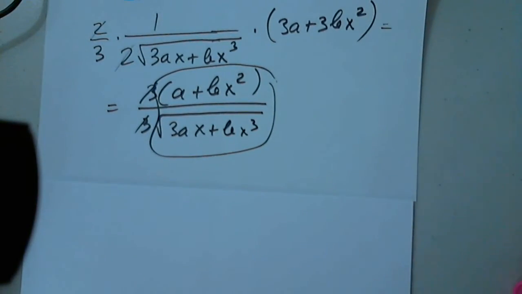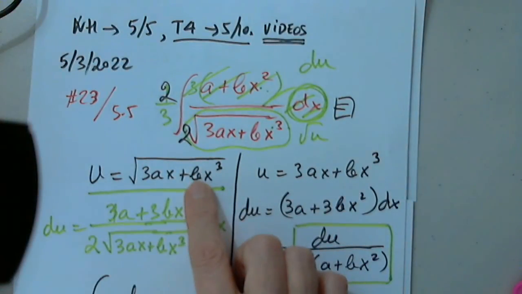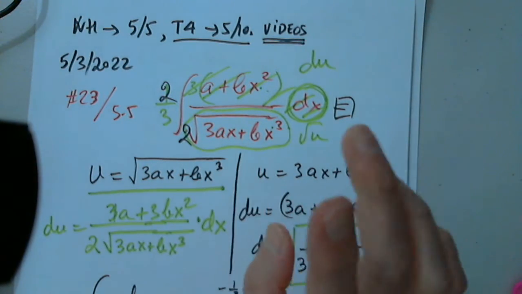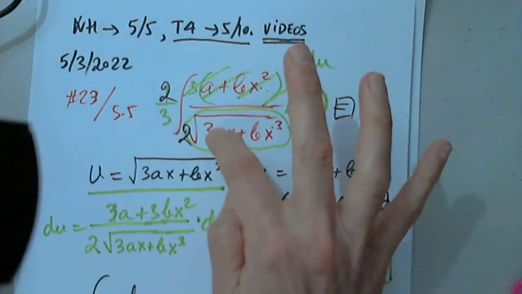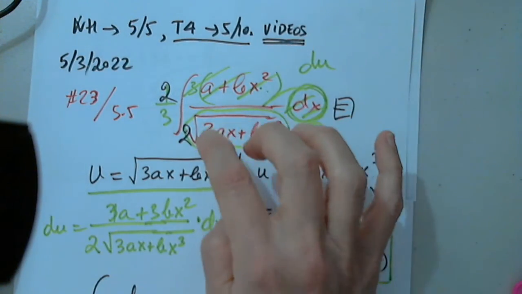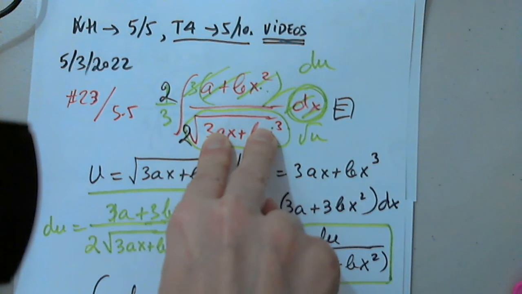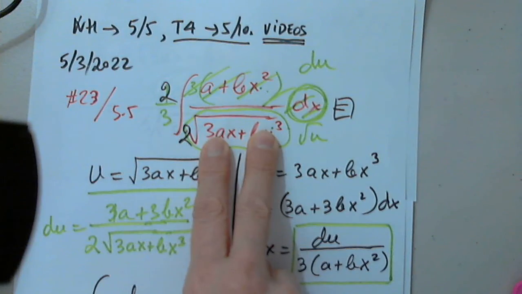What made us choose the square root of 3ax plus bx? This one? Very good question. So, number one, the first option is definitely this, because I have the square root of a sum. The square root of a sum bothers me because I can never simplify the square root of a sum of two terms.